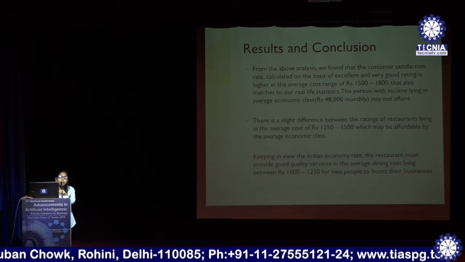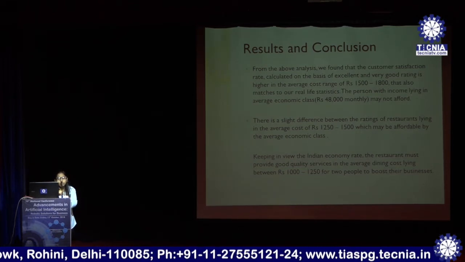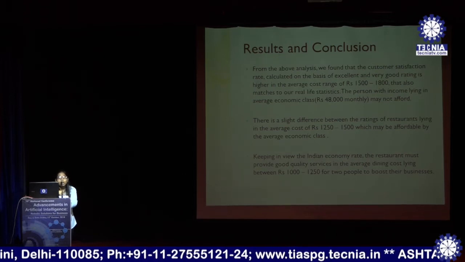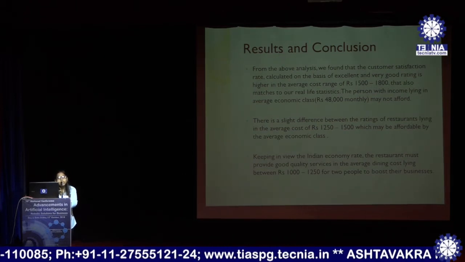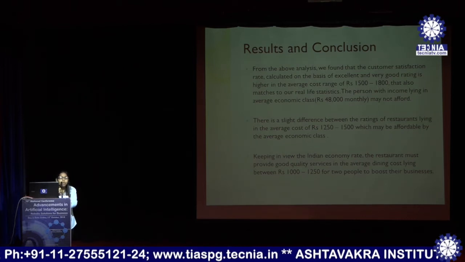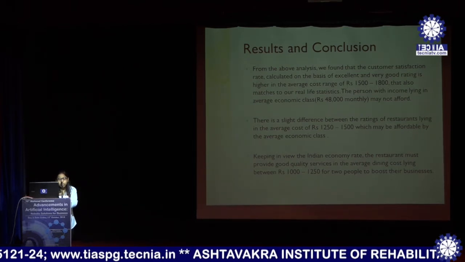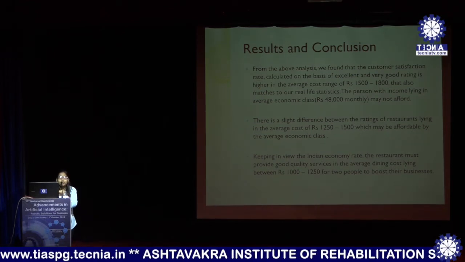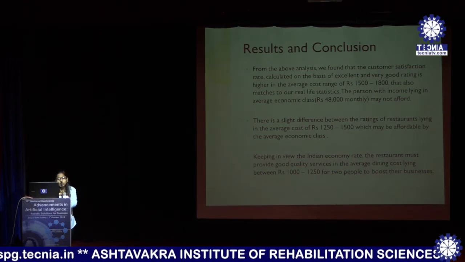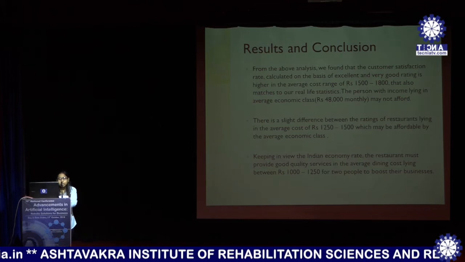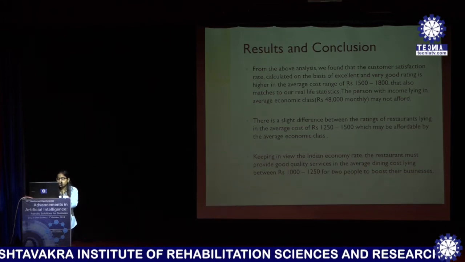It also matches our real life statistics, but a person whose income lies in the average economic class may not afford this. Keeping in view the Indian economy, the restaurants must provide good quality services in the average dining cost lying between rupees 1,000 to rupees 1,250.